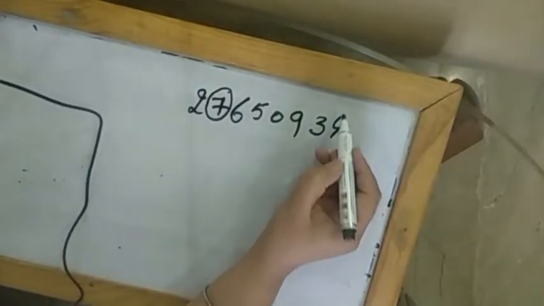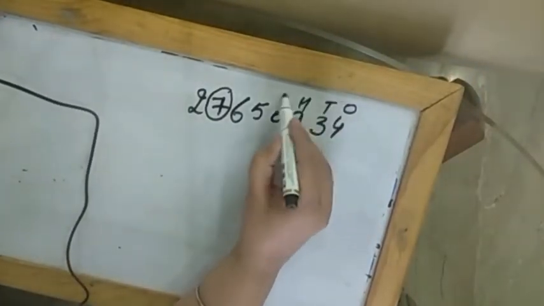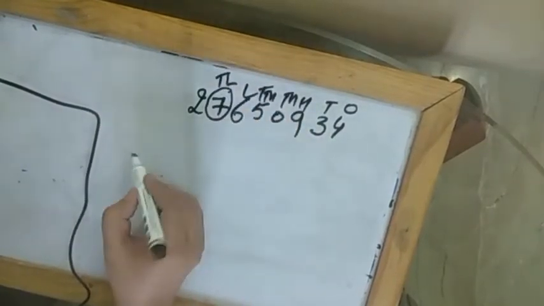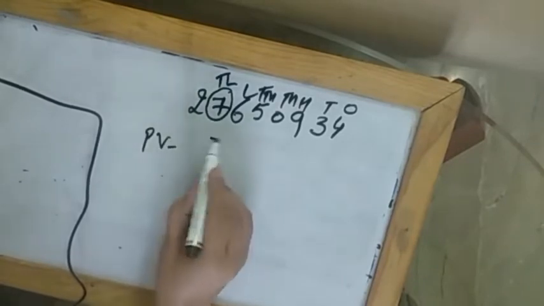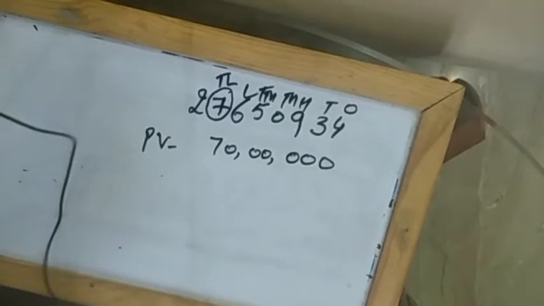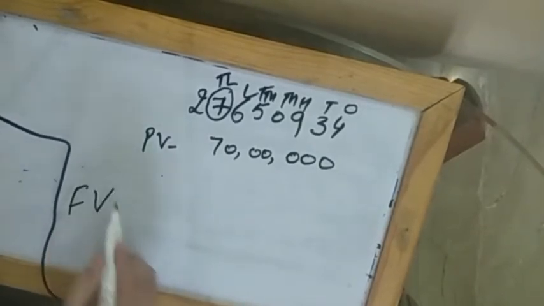So place value of 7 is 10, 100, 1000, 10,000, lakh and 10 lakh, so place value is 70 lakhs. Now what is face value? Face value of a number is the number itself.